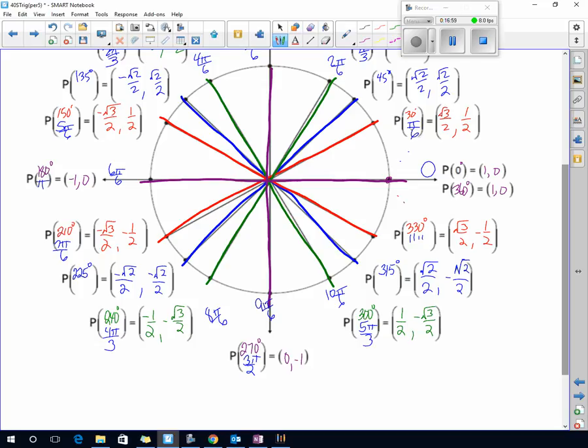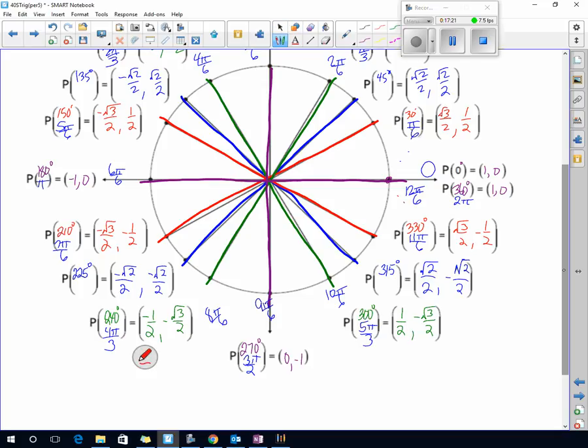Does everybody see? So it's not like, again, it's magic, it disappears and reappears. It's because of the reduced form. So now if I start at 0 again, and then this time I'm going to travel 45 degrees, what would that be in radians, 45 degrees? Pi over 4.